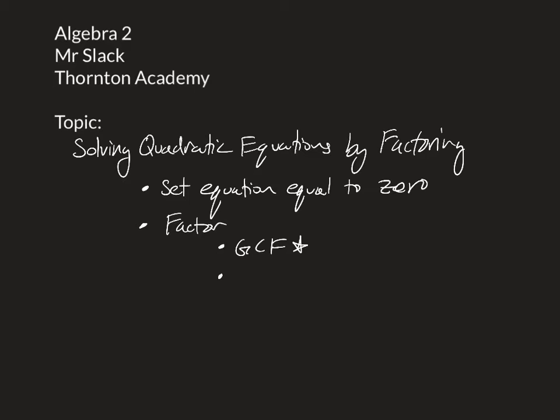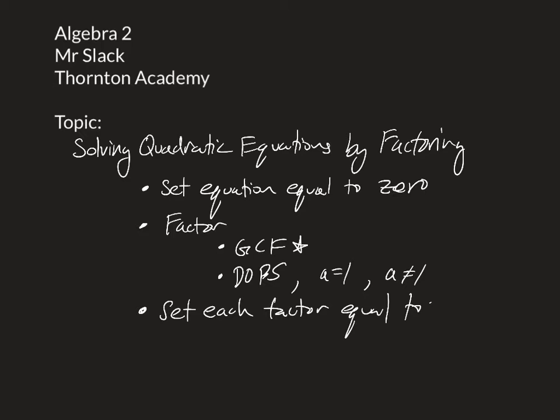Then you'll look for a difference of perfect squares. You could have a trinomial where a equals 1, or a trinomial where a is not equal to 1. Then set each factor equal to 0 and solve.